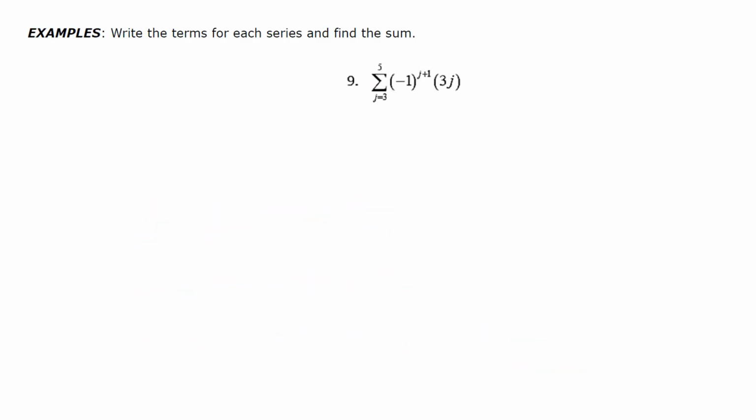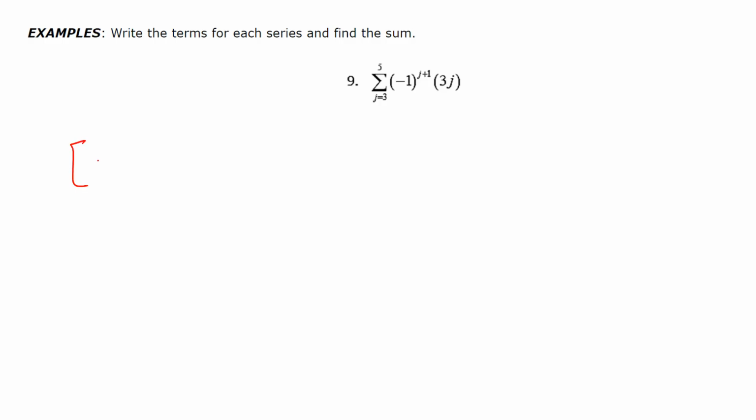All right, number 9. Okay. So we have negative 1 to the power j plus 1, times 3 times j. Okay. We are starting at the third term and we're going all the way up to 5. So that means we're only adding 3 terms together.